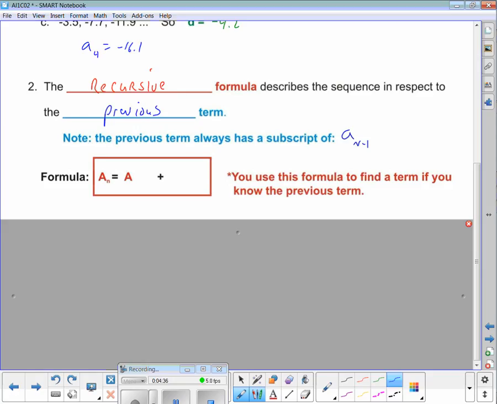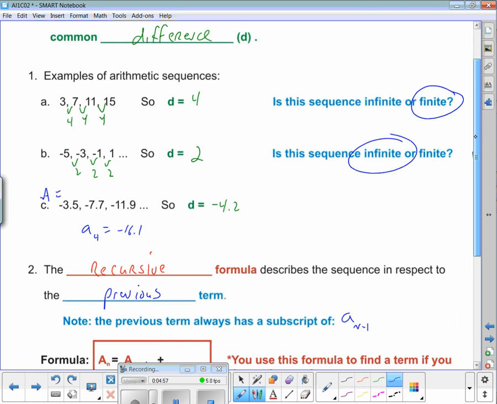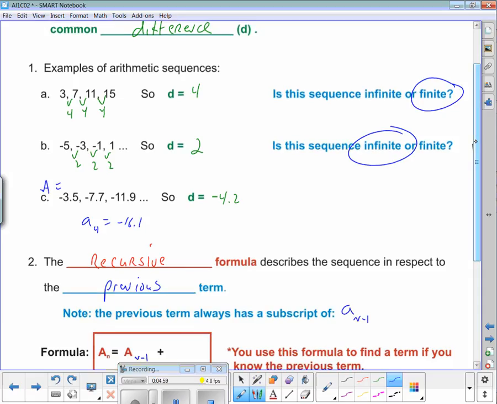Okay, so here's our recursive formula. A sub N, any given term, is going to be the previous term plus, think about an arithmetic sequence. What did we do up here? When I asked you what was A sub 4, how did you figure out what A sub 4 was?